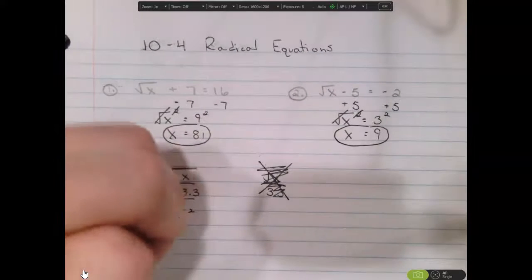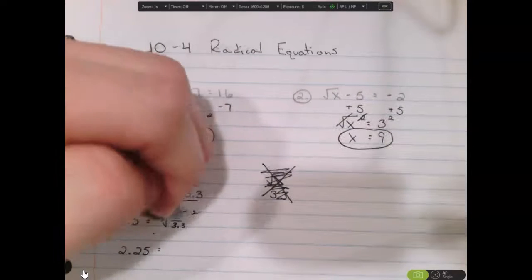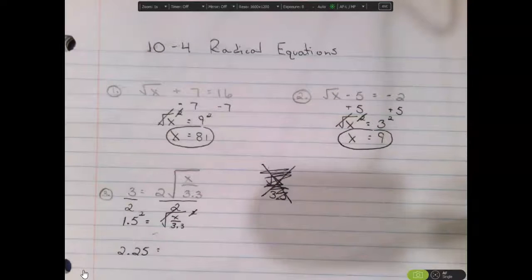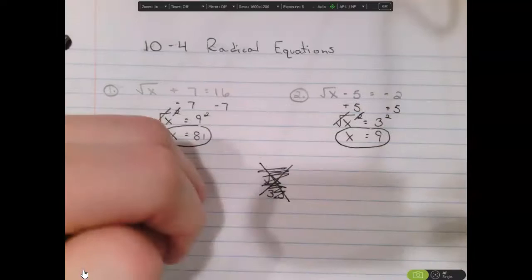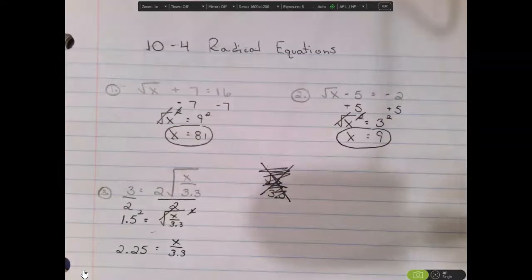2.25 is equal to, now I'm not going to square this 3.3, and that's because the square root symbol was applied to that entire fraction. So by squaring that side, I'm simply getting rid of that square root symbol, and I'm left with this equals x over 3.3.